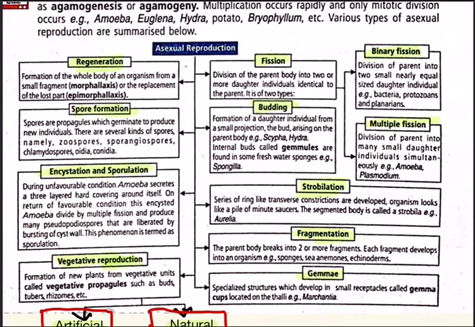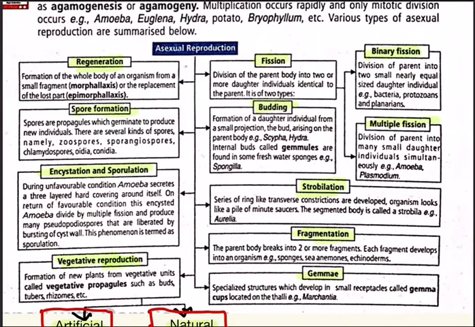So how do you define fission? Fission is a division of the parent body into two or more daughter individuals identical to the parent. Basically it is of two types. If the parental body divides into two parts and each part becomes an individual, an adult one, so that from one parent two individuals are formed, we say binary fission.